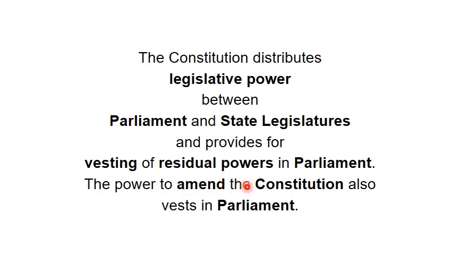If there is a difference of opinion between the Parliament and the state legislatures, the final authority is the Parliament. And once that is done, all the states will have to abide by the rule or law created by the Parliament. Also, the power to amend the Constitution rests only in the Parliament and not by the state legislatures.